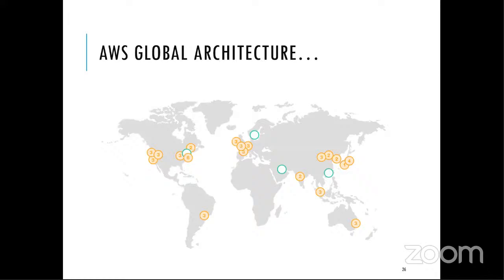Have a look at the global architecture of AWS. These are all data centers. Maybe one or two data centers have been added since, because this is an old picture I took a year back.